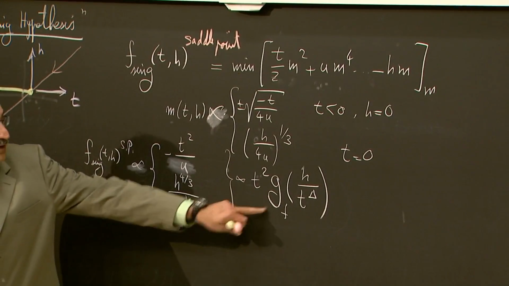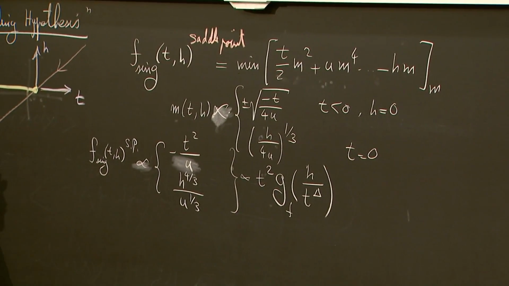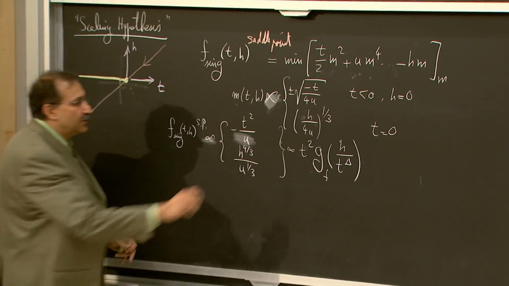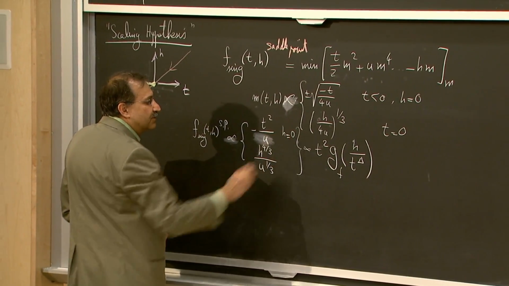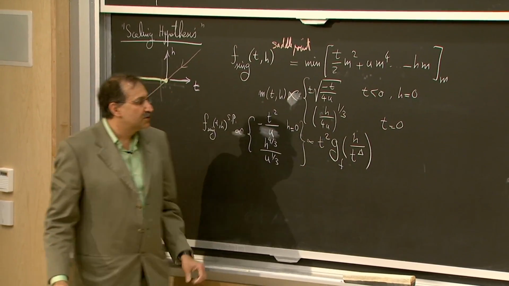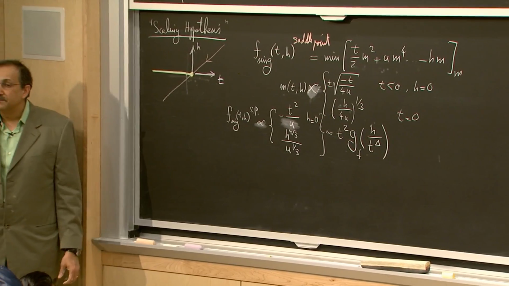I have not specified what this function g sub f is, but I know its behavior along h equals 0 here. If I put h equals 0, the argument of the function goes to 0.